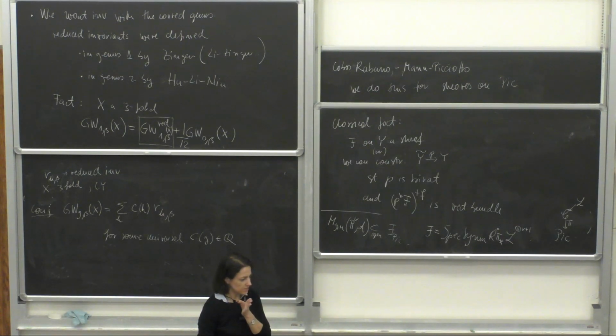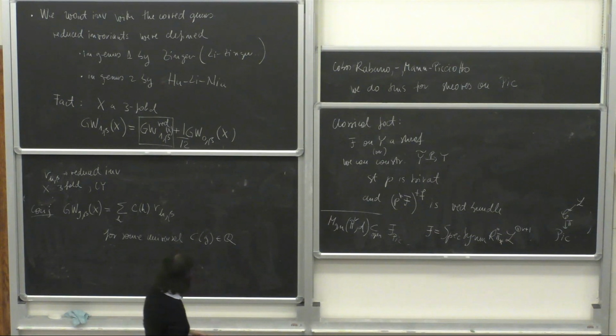I've hidden something a bit: in the whole story, I usually impose that the degree is high enough so that there is a main component. If it's not high enough, you can still do something, but we didn't write it that way. But it should be 1 with the right assumptions.